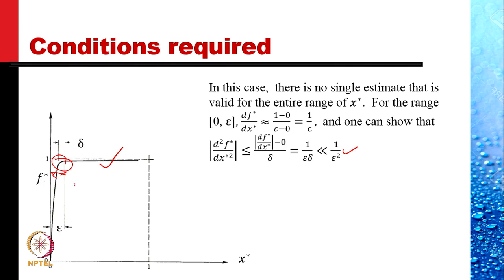But in this larger range from epsilon to 1, the first derivative is quite small, as is the second derivative. This is an example where one single estimate of the derivatives would not work for the entire range of the values of x star.